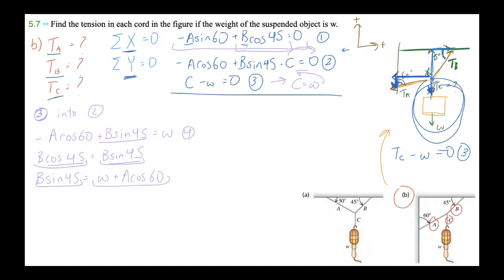So let's use that to our advantage. All right. So minus a, and we can call this 5, so minus a sine 60 plus w plus a cos 60 is equal to 0, right?